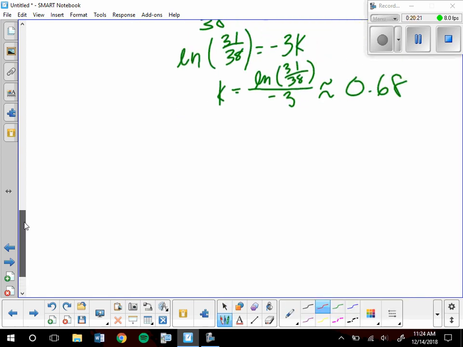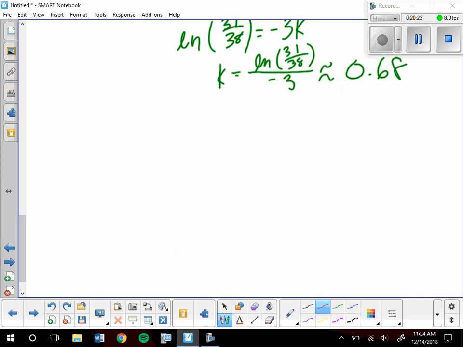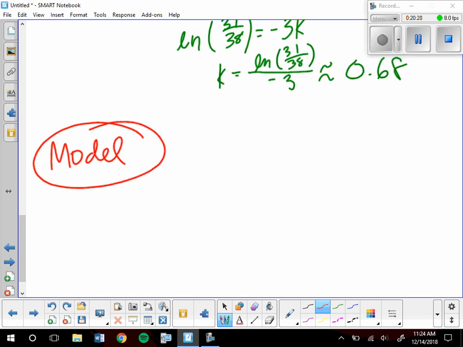That was a lot of work, but now we have our model for the number of polar bears in Phil's yard at any time t. So let's write that out.